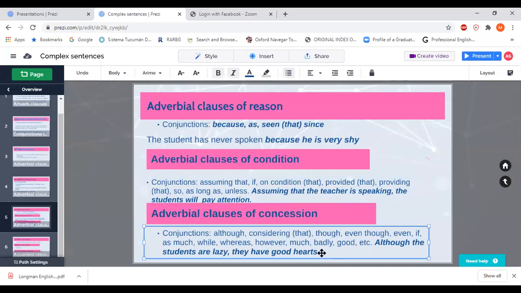Yes, the only problem with that sentence is you can't omit the subject in the second part, okay? So you would say something like, although animals can talk, they are always waiting for an answer.